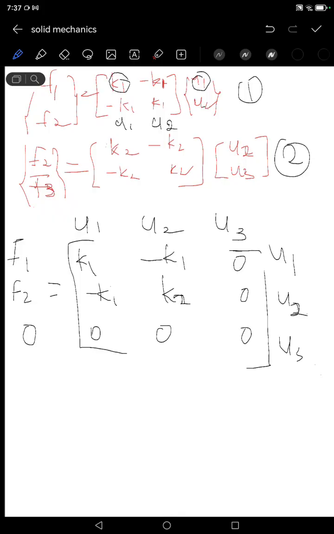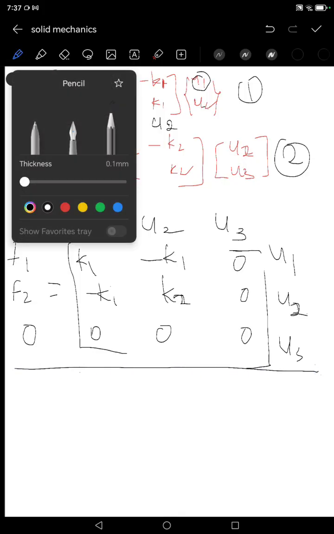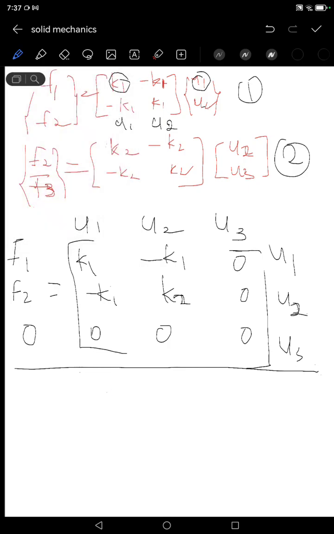Now this is our 3 by 3 matrix for the first element. For the second element we're still going to do the same, but I'll write it here in a different color. On the second element we have u1, u2, u3, and u1, u2, u3 on the side.